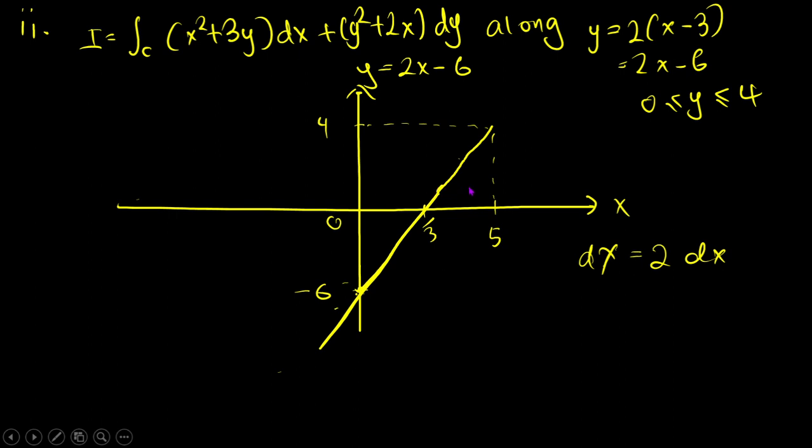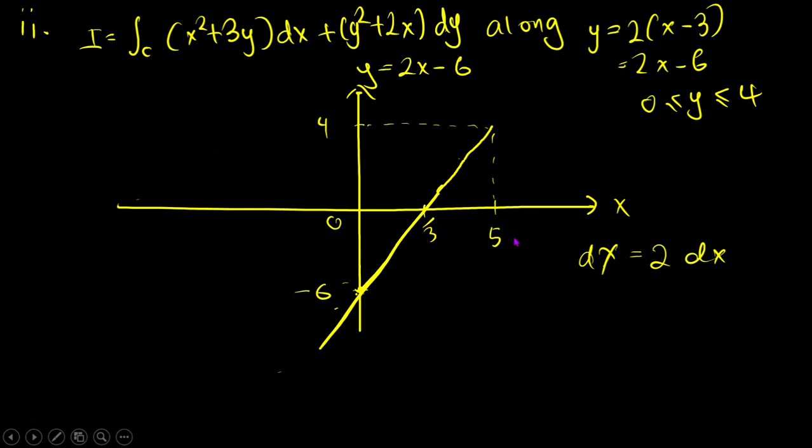And then for the second one, we need to integrate this integrand along the straight line curve y equals x minus 6. Sketch the curve first, and we'll get this. The boundary is 0 to 4, hence in terms of the x-axis it is 3 to 5.